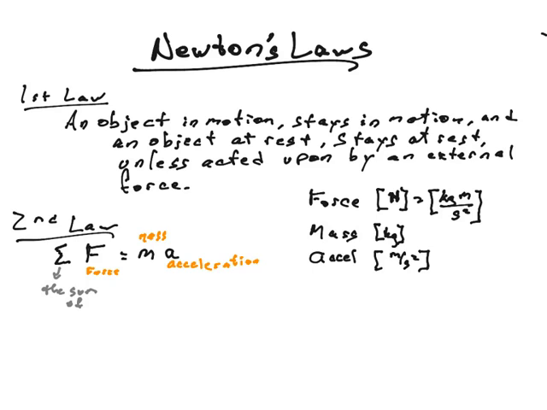And it's really easy. If you want to know how an object's motion changes, that is, if you want to know the acceleration, all you have to know is, well, what object are you talking about? That's the mass. And what are all the forces which are being applied to the mass? Add up all the forces, it tells you about the acceleration.